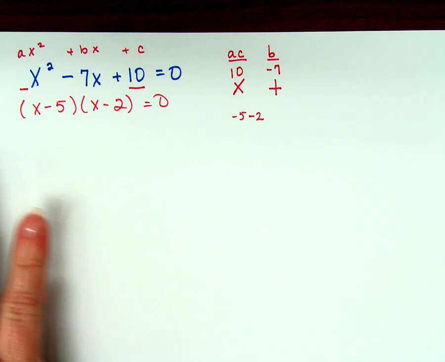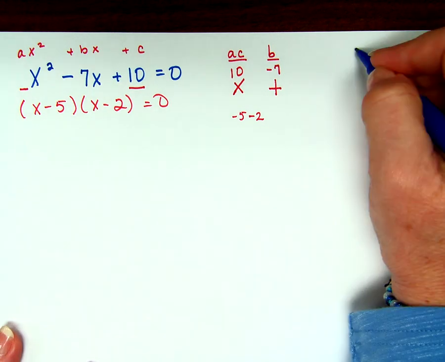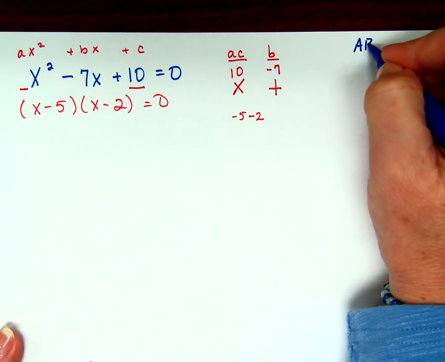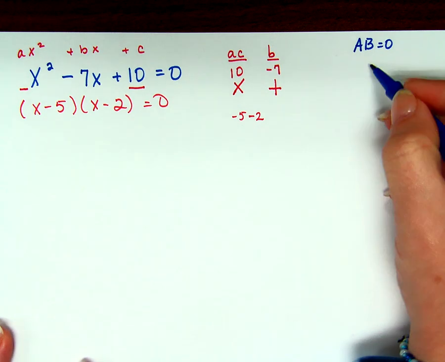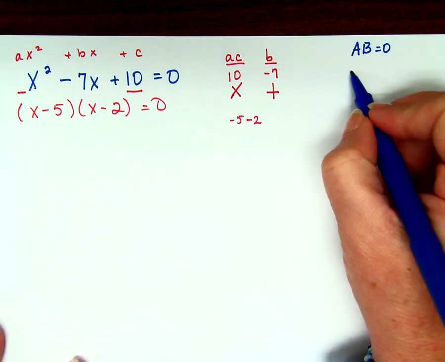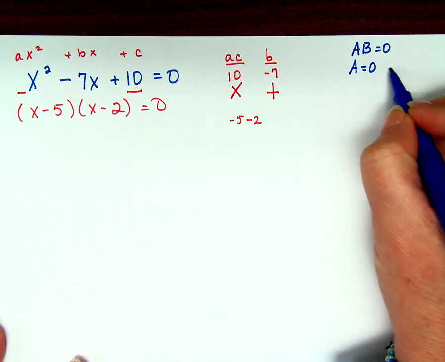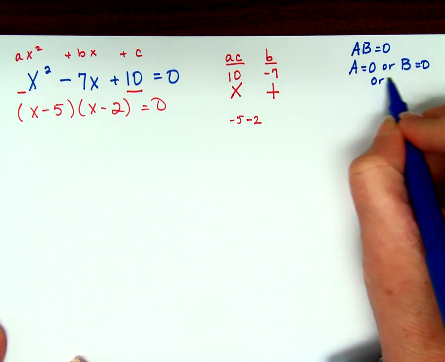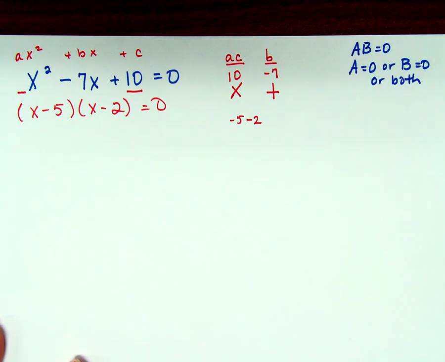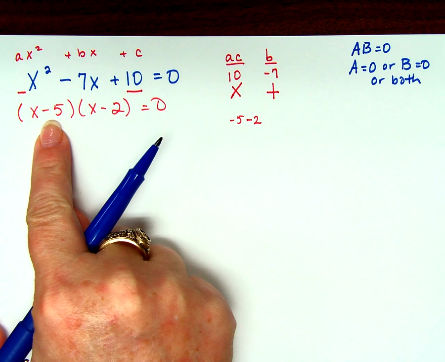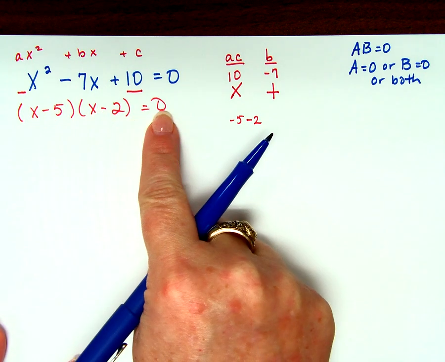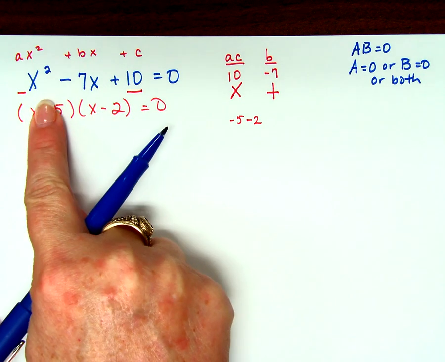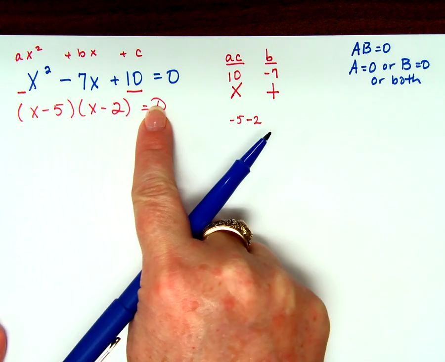There's a rule that says if a times b equals 0, then either a equals 0 or b equals 0 or both. So if this times this equals 0, either this is 0 or this is 0 or both.